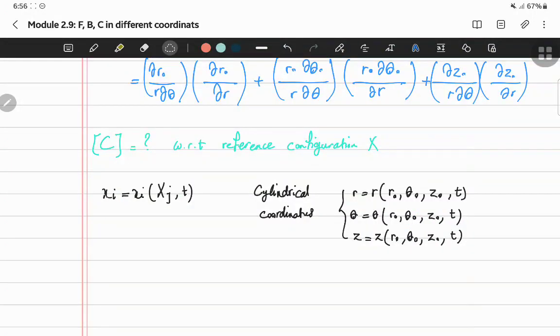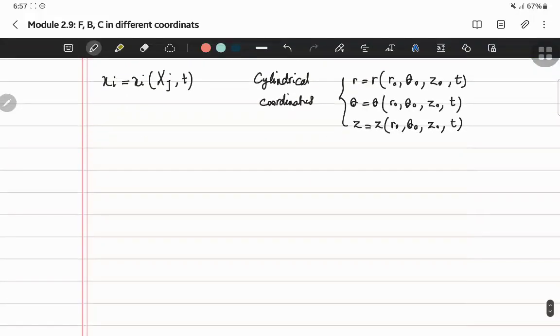So we know that small xi is a function of capital Xj and t. And here we have the cylindrical coordinate, right?